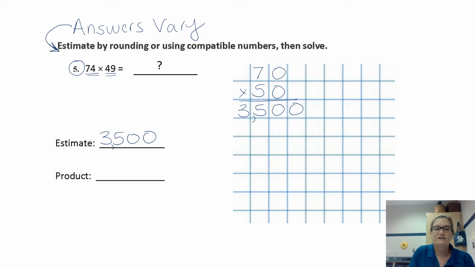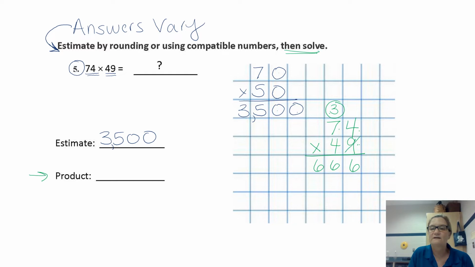Now we're going to actually solve. It says then solve. So we're going to have 74 times 49. 9 times 4 is 36. 9 times 7 is 63, 64, 65, 66.